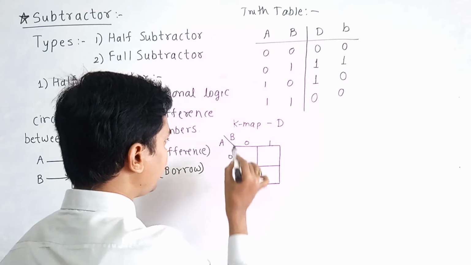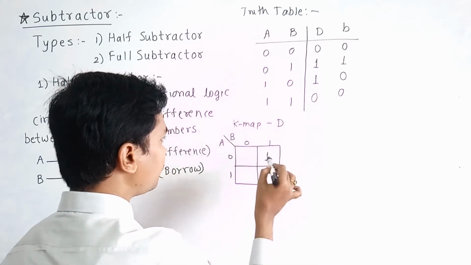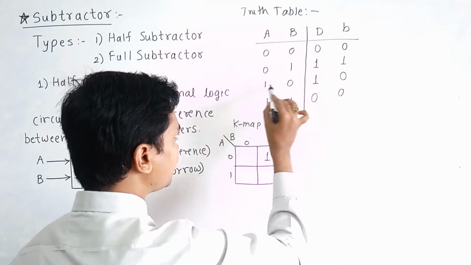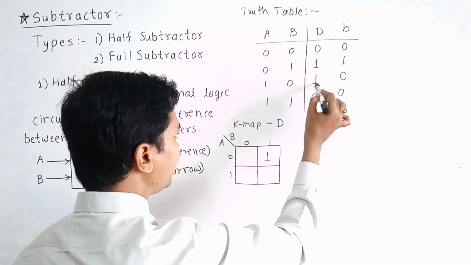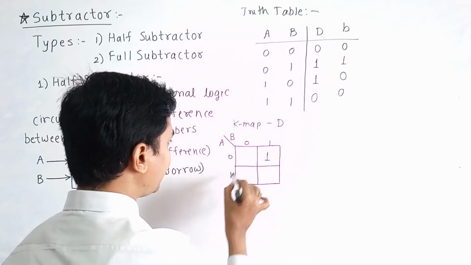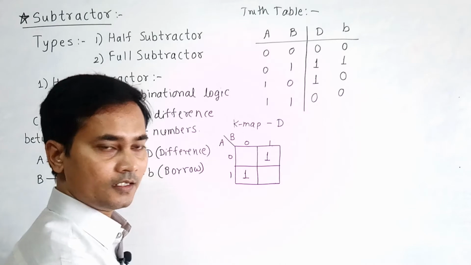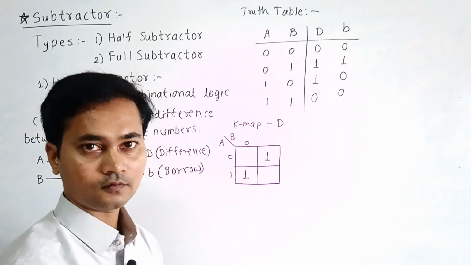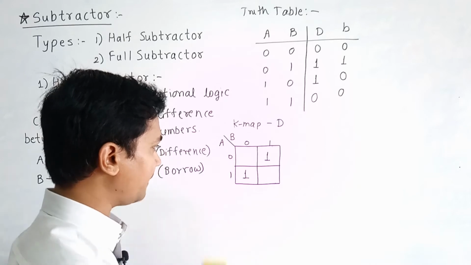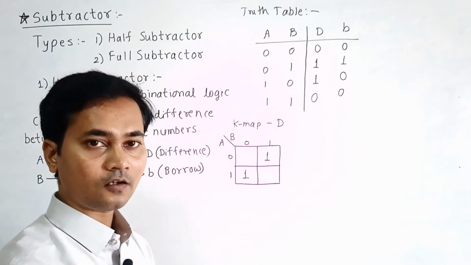So A equal to 0 and B equal to 1. For this combination the D is equal to 1. Now for the third combination also, that is A equal to 1 and B equal to 0, we are having D equal to 1. So A is equal to 1 and B is equal to 0, we are having this one. Okay, now the next step is we have to group the ones. But in this K map we are not finding any group of ones horizontally or vertically.